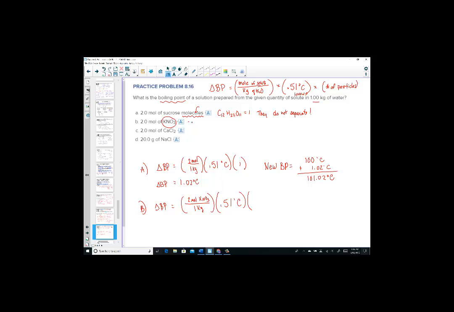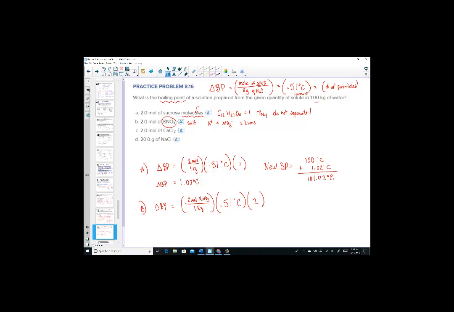Well, recognize this is called a salt. It's an ionic compound. An aqueous ion of potassium and an aqueous ion of nitrate gives us a total of 2 ions. So we have 2 particles in solution, the potassium ion and the nitrate ion.